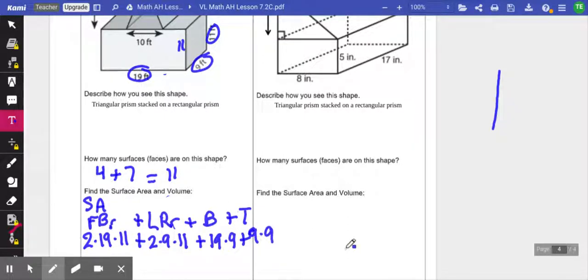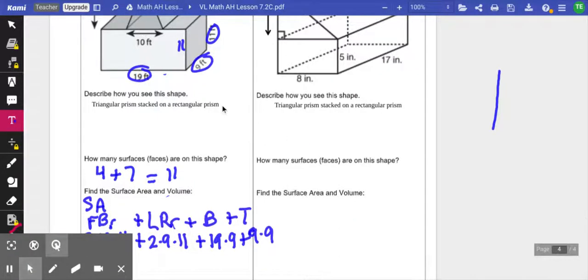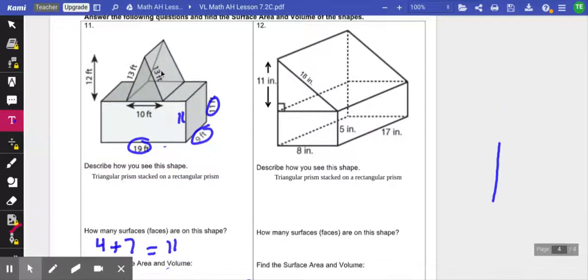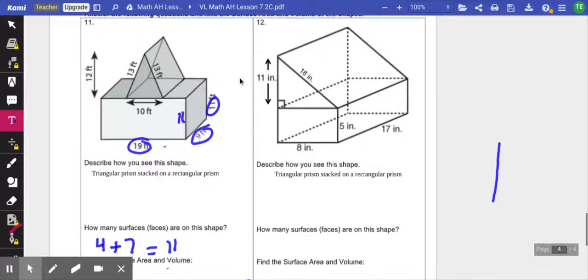Then I have to pay attention to the triangular prism on the top. Again, on the triangular prism, I have a front and a back, and then I have a left and a right. The front and back, that's a base of 10 and a height of 12, and it's a triangle. And the left and right are rectangles. There's 2 of them that are 13 by 9s.